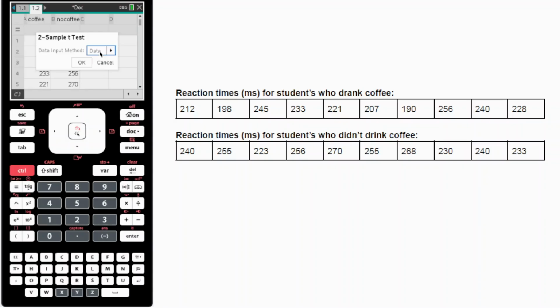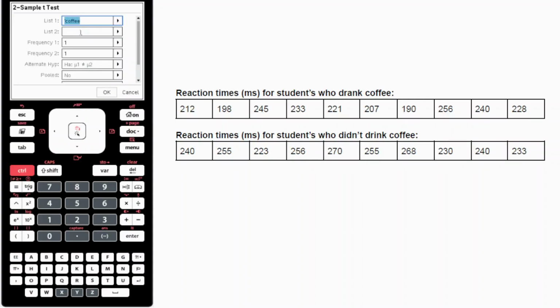Input method is data, since data is given in the question. We press OK. Another alternative is stats. If there were a question which gives you the sample mean value and sample standard deviation values right away, you would use this stats. But data is more likely to happen.